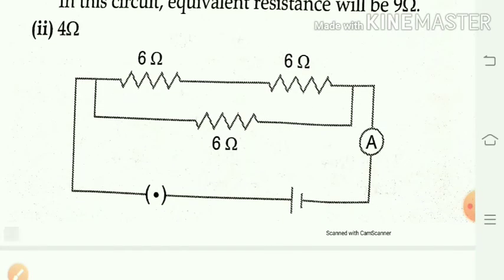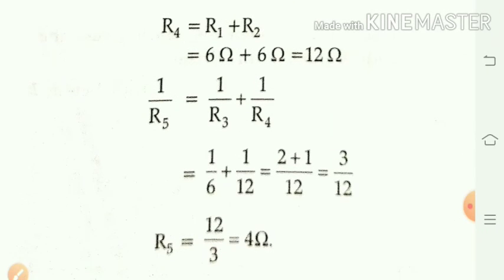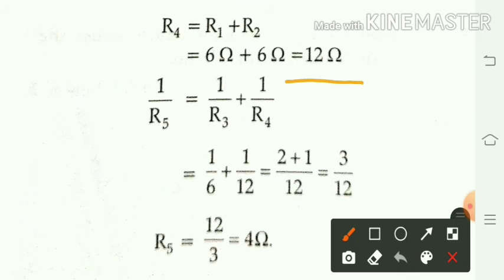Now, in order to get the resultant resistance 4 ohm, we can do this arrangement: two resistors in series combination and one in parallel combination. Now we will calculate the value as R4 is equal to 6 plus 6, that is 12 ohm.